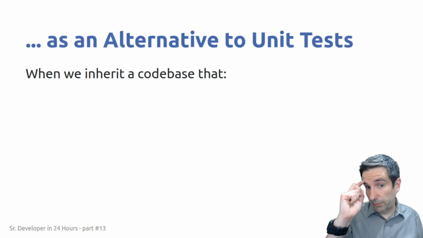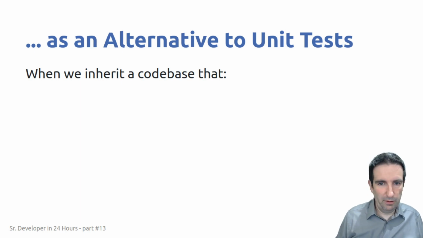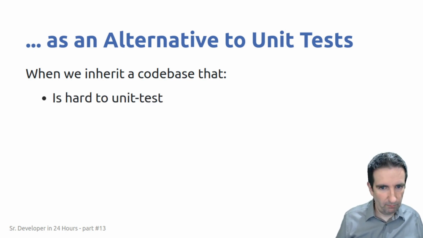With that said, there's one more thing. Last video, I mentioned that unit tests are easier to write than integration test, except we're dealing with very legacy code that is really hard to test. So in those cases, an integration test might be a good alternative to a unit test.